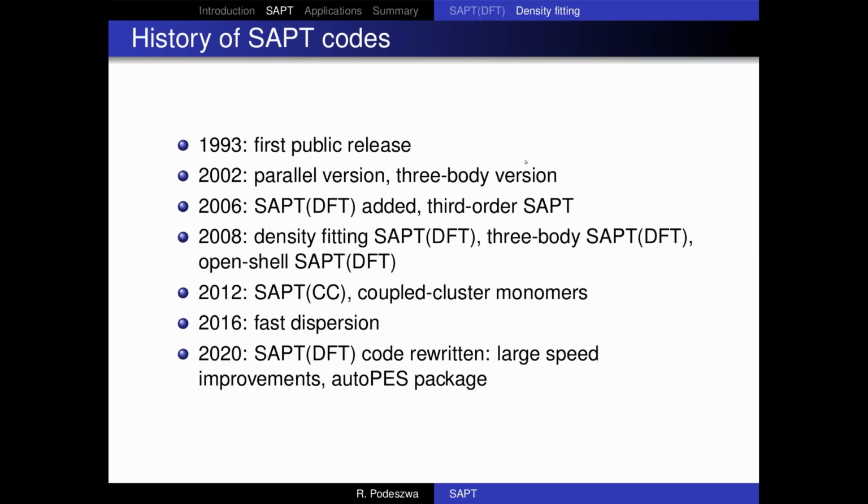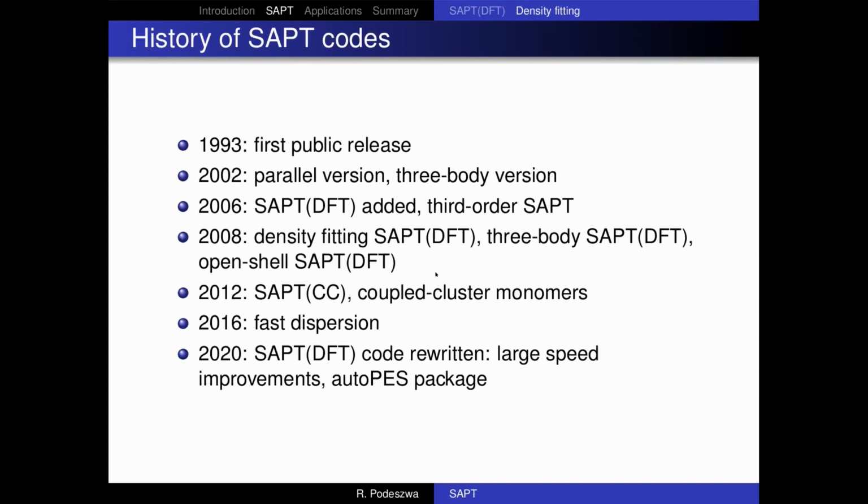It started in 1993. And in 2002, some improvements were published with the first parallel version, first 3-body in the model. In 2006, SAPT(DFT) was added, also 3rd order SAPT for induction and dispersion.